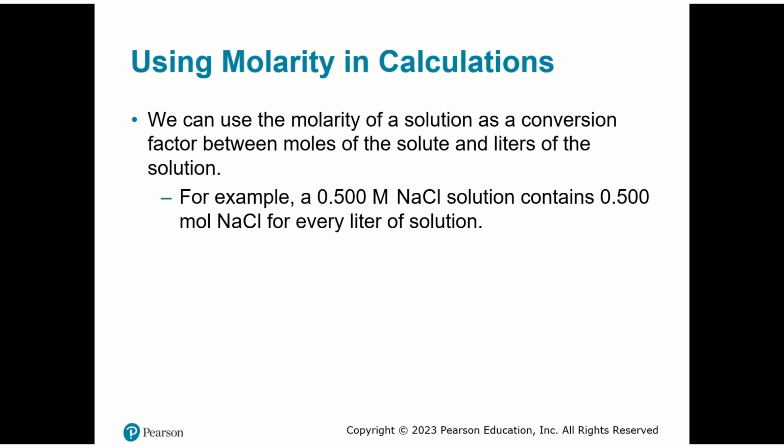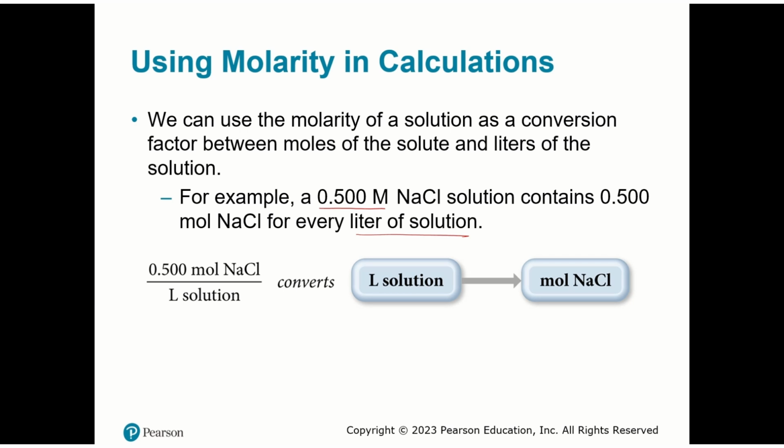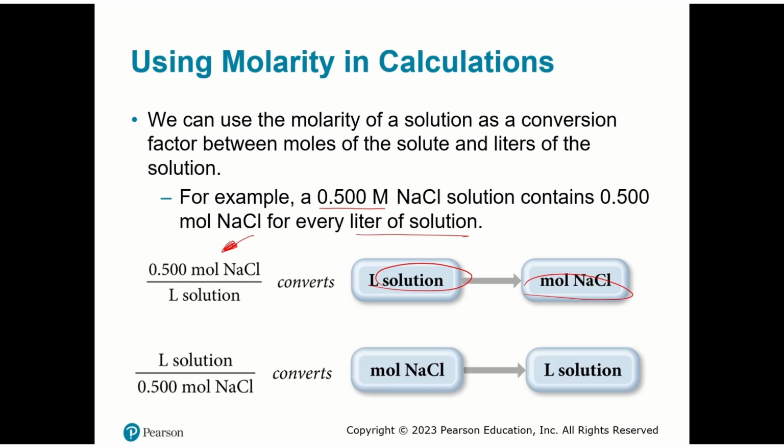For example, here I have a 0.500 molar sodium chloride solution, which contains 0.500 moles of sodium chloride for every liter of solution. So we can use 0.500 moles per liter to convert liters to moles. The unit we're looking for must be up here. And if you want to convert from moles to liters, it must be over here. So the unit you want must be up here.